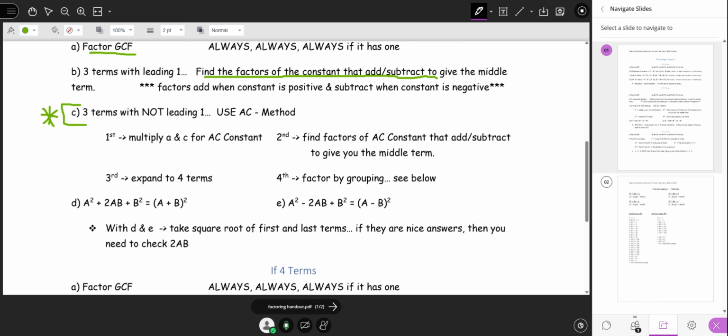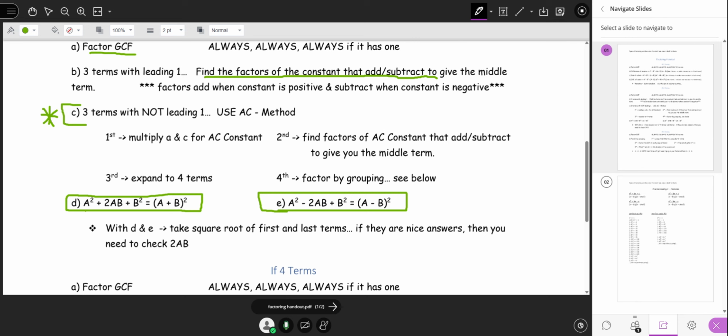Now, these are used for completing the squares. And I will talk more to you about those. They are a very nice shortcut for a lot of stuff, and I like them.